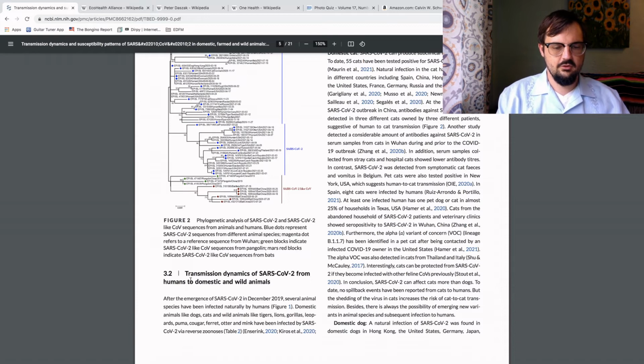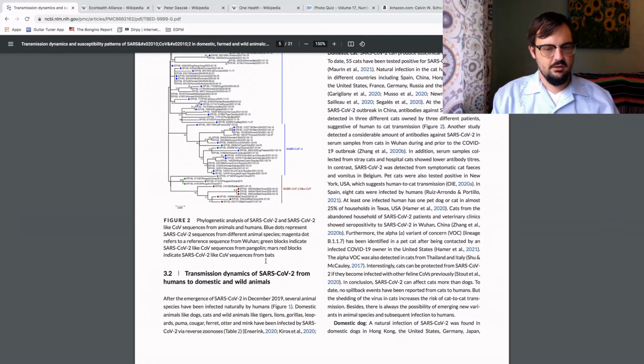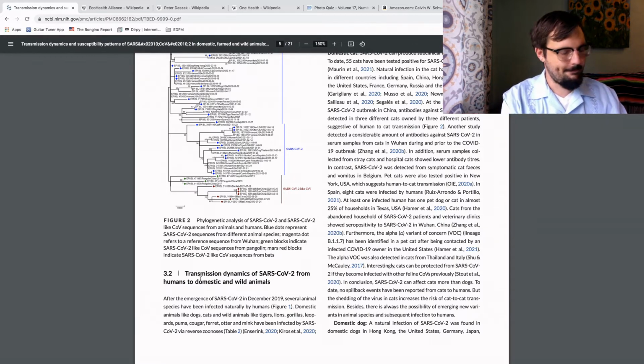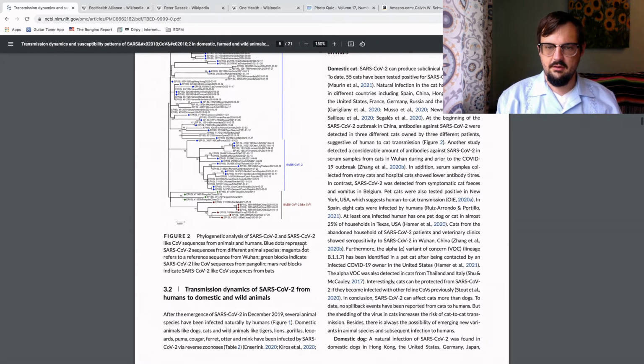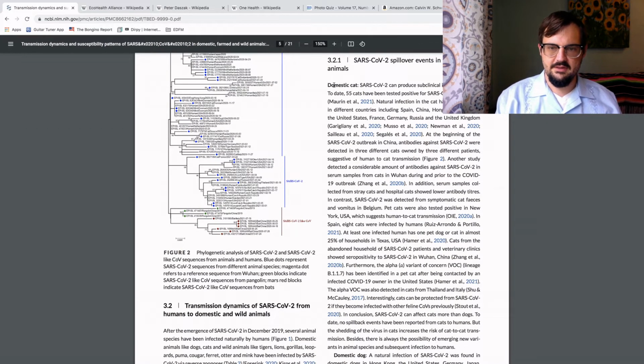And here we're going into transmission dynamics. So this is all the other animals. That first section was the two big culprits, bats and pangolins, and finding that there wasn't much to hang their hats on there. And again, there's not a lot to hang their hat on here either. So with the domestic cat, we found subclinical infections.